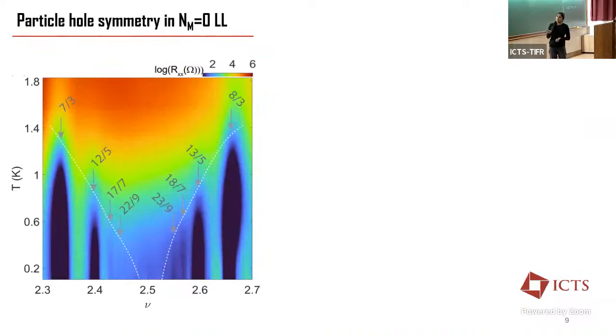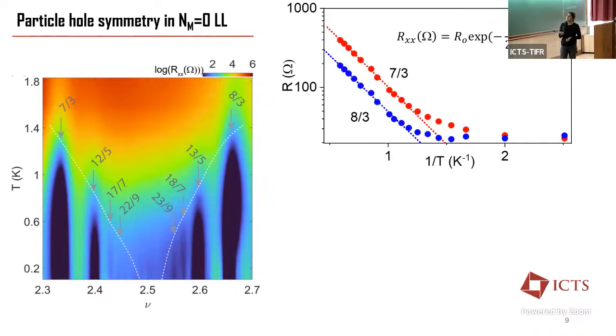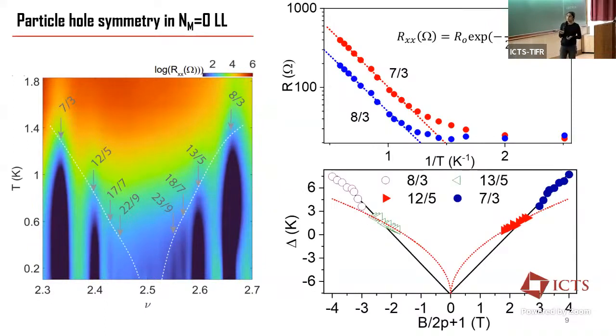Now this is the temperature as a function of filling fraction plot for different fractions between 2 and 3. As you can see, this is 8/3, this is 7/3. So basically this is the particle part and this is the hole part of the fractional quantum Hall states. And if you see, they are very nicely symmetric about each other. Now, if we really want to quantify the symmetry, we have calculated the Arrhenius plots and the activation gaps for different magnetic fields.